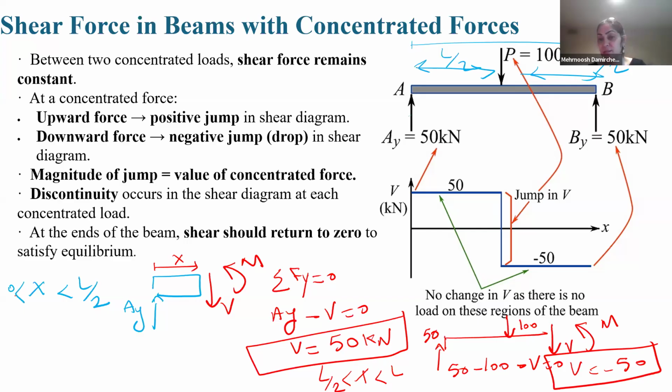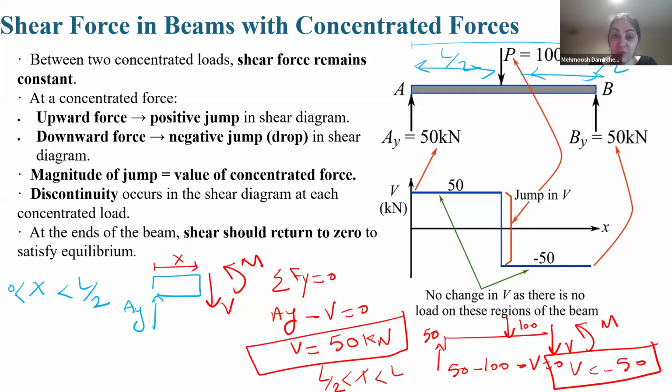So one way is the cut method, but I want to teach you the shortcut too, because when we have concentrated force, it is so easy. Between two concentrated loads, shear force remains constant, does not change. For example, here it is 50 from 0 up to L/2 because we don't have any new loading condition.